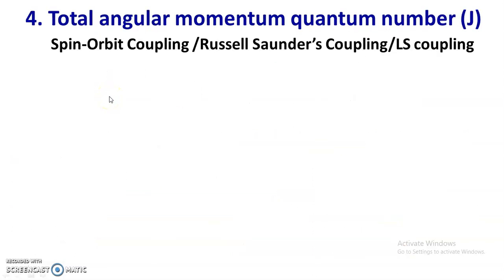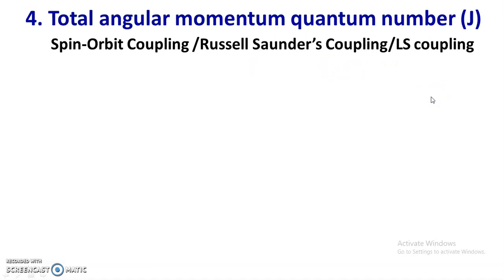Now fourth quantum number we are going to discuss now, that is the total angular momentum quantum number, that is J, also called as spin orbit coupling or Russell Saunders coupling or LS coupling.